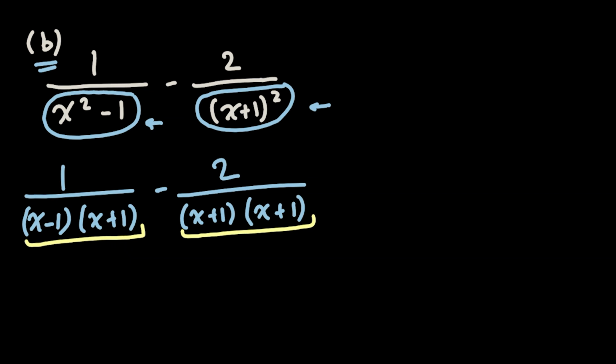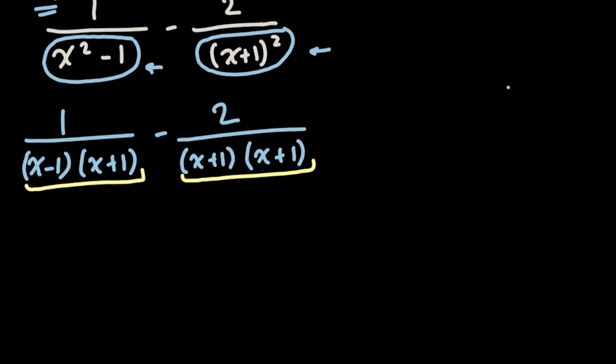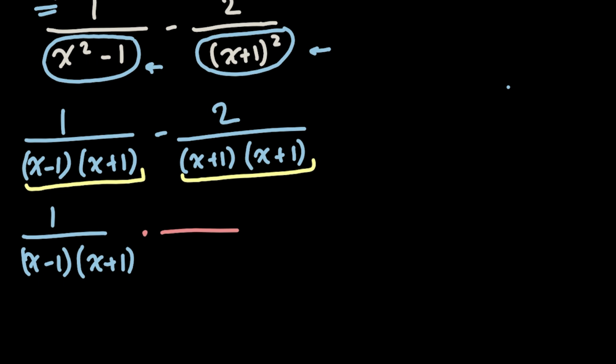As you can notice here, this denominator and this denominator are different. So we can just make the denominators the same. So we'll have here 1 over x minus 1 multiplied by x plus 1, and we will multiply this fraction by x plus 1 over x plus 1.